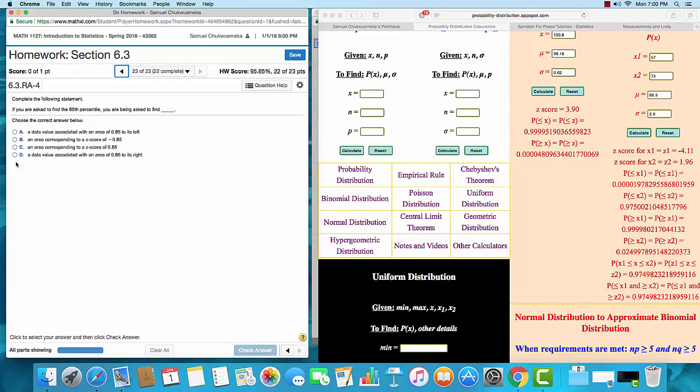So 85% is 0.85, so that's the data value associated with an area of 0.85 to its left. Yes.